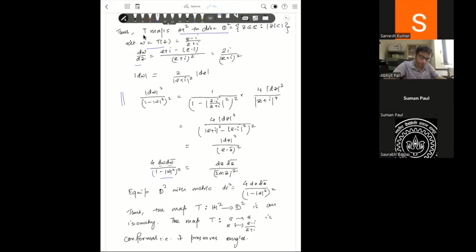This is the Riemannian metric on the upper half plane. If I push the Riemannian metric of the upper half plane to the disk, we get this metric. So equip this open disk with this Riemannian metric.